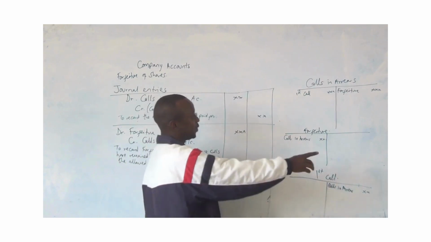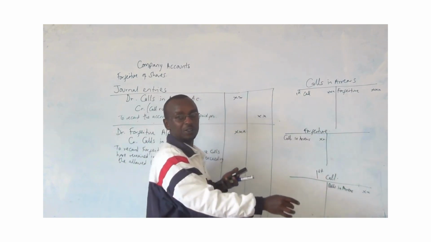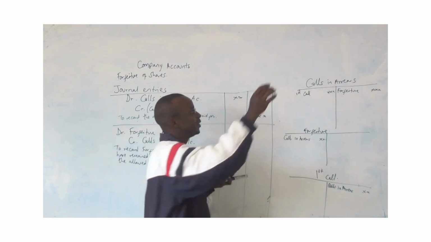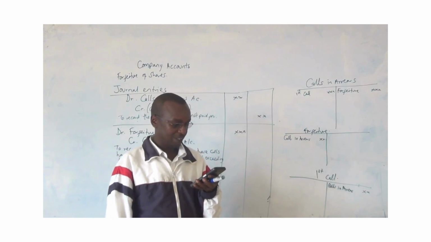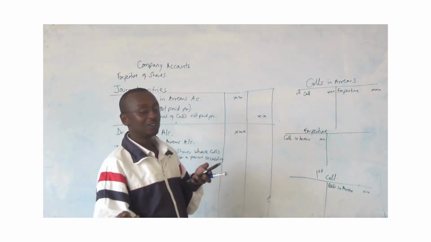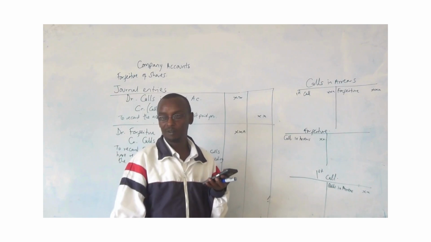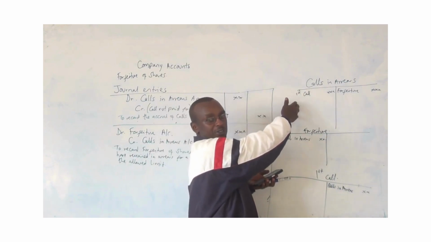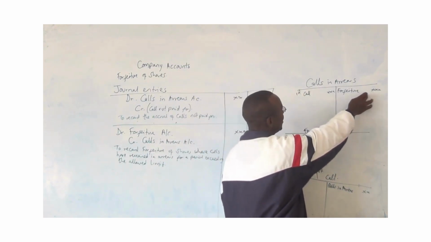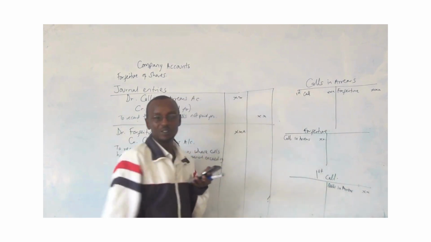So we took it out of the first call account and recognized it as debtors. Then we got to a point where we saw that people will not pay at all. It should not stay. So we have to close this account by crediting that amount and transferring it to the forfeiture account.